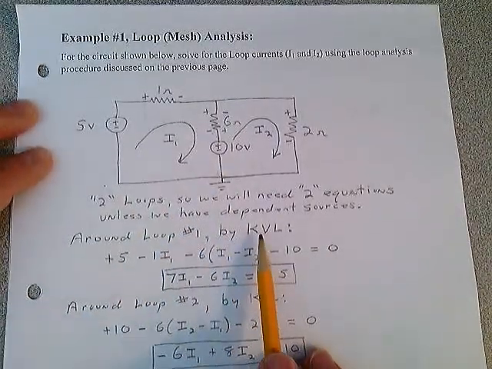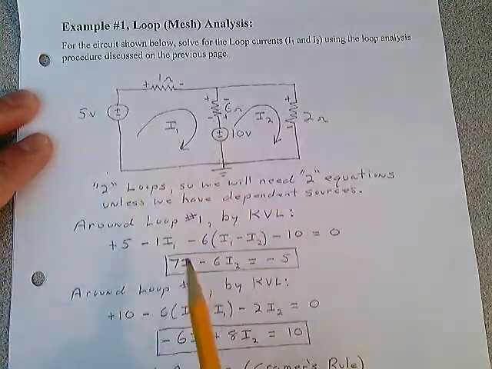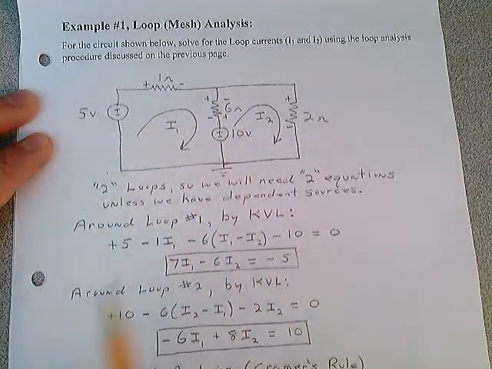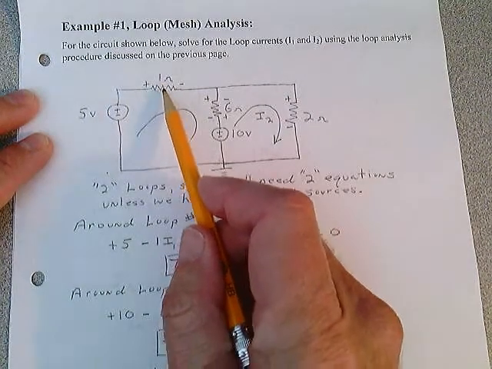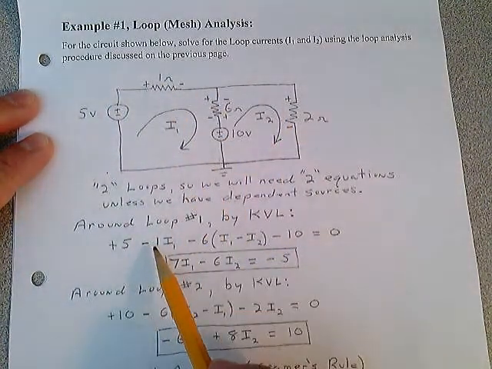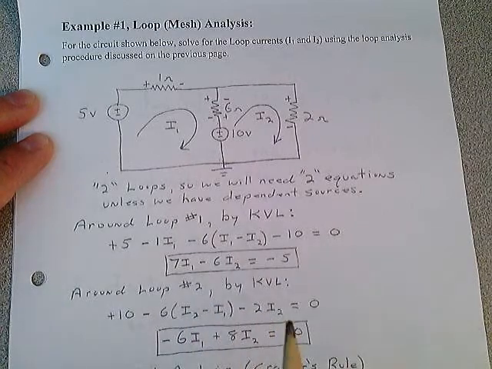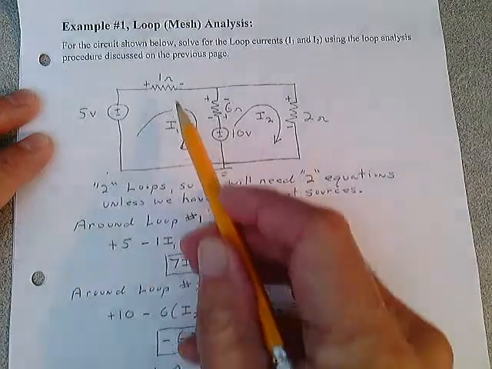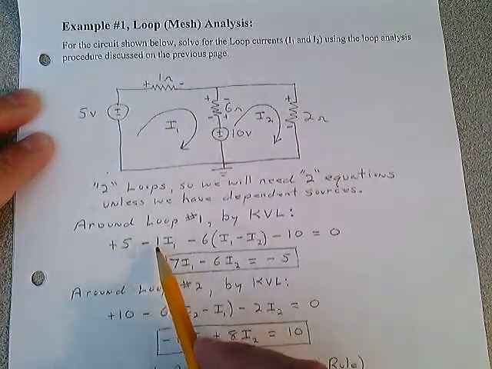Around loop 1 by Kirchhoff's voltage law, starting here, you have a plus 5, minus 1 times I1. This is a technique I want you to use. When you see a resistor and you're doing loop analysis, you say minus the resistance value, and then you stop and think what current goes through that resistor. So in this case, you say minus 1 right away, or minus 1K, or minus 10K, whatever it is. Minus 1, then you stop.